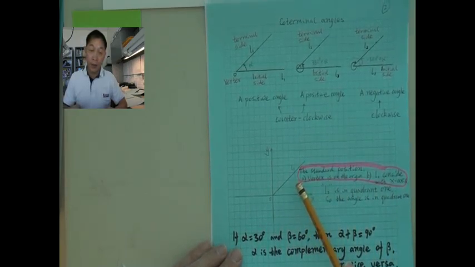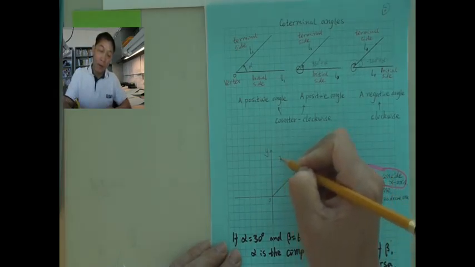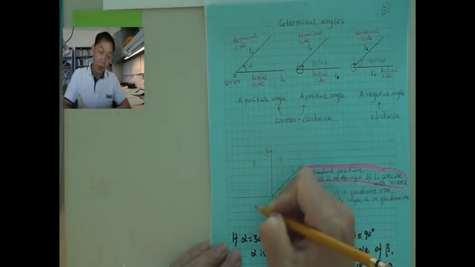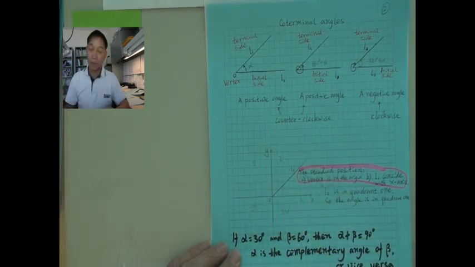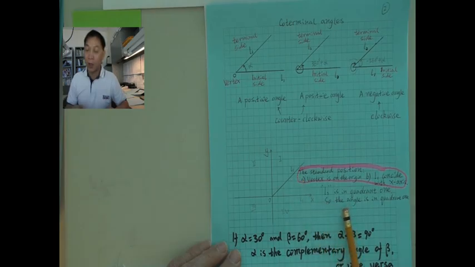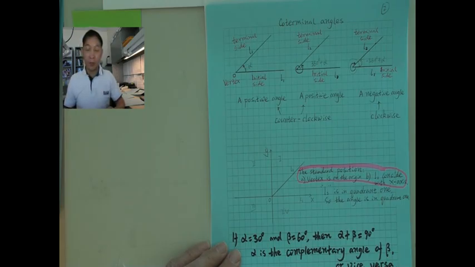You see L2 right here is in quadrant 1. This is quadrant 1. Quadrant 2, quadrant 3, quadrant 4. Okay, then if the terminal side is in the first quadrant, we call the angle is in the first quadrant, or quadrant 1. Okay, so that's the terminology.